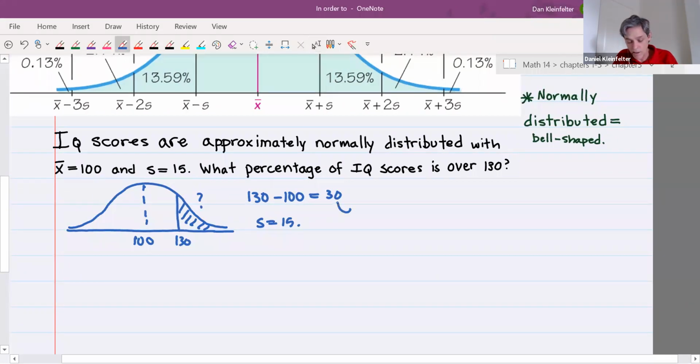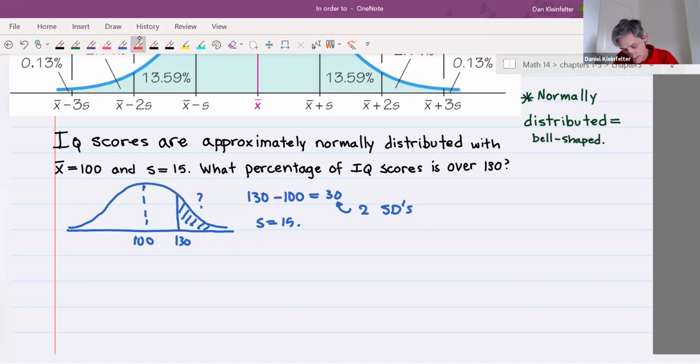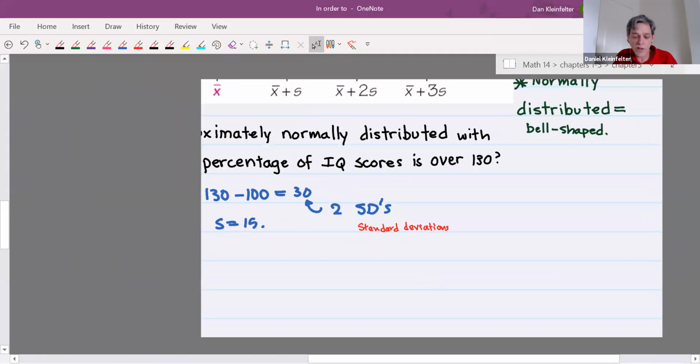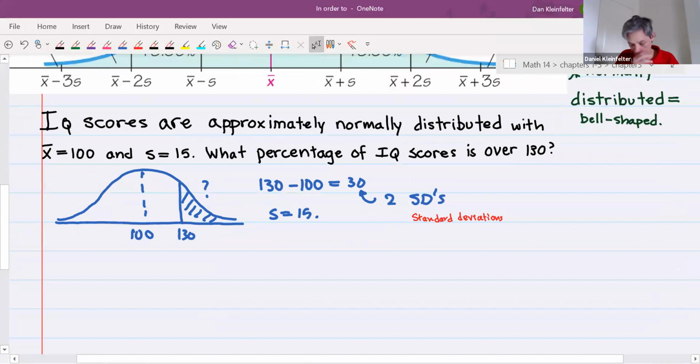Twice, right? So that is 2 standard deviations. I'm abbreviating that by SD, standard deviation. Let me write that in here. All right, so 130 is 2 standard deviations above the mean.